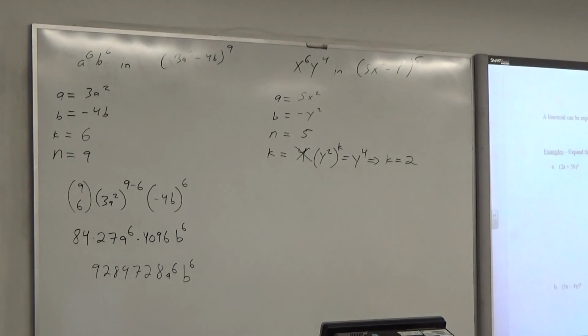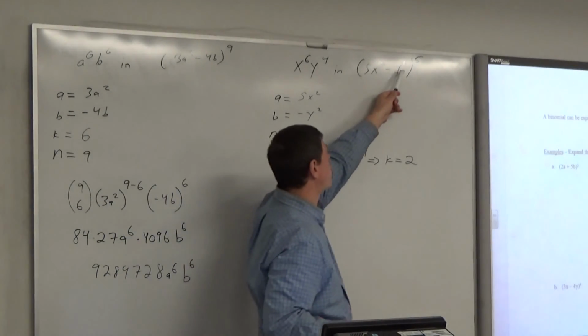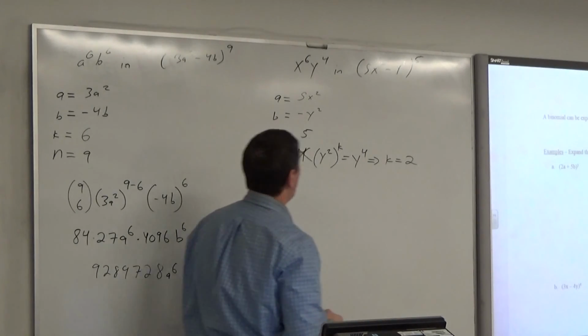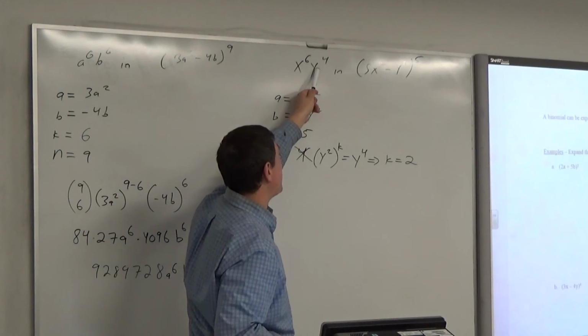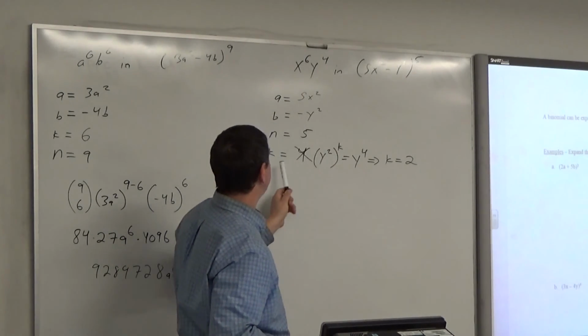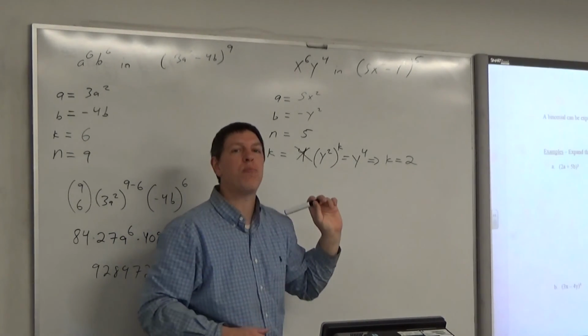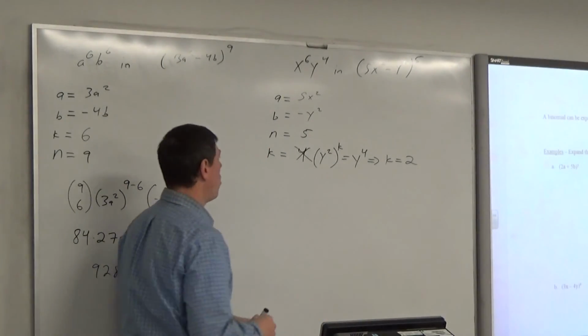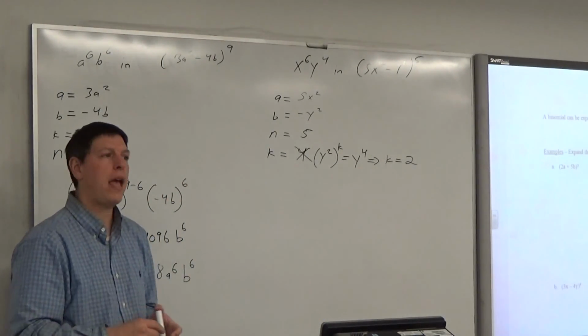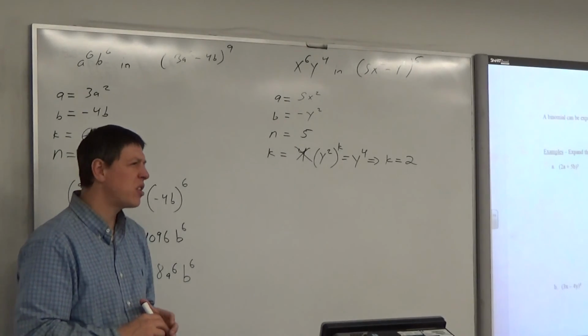Okay? Does that make sense to everybody, guys? It's because this second binomial term is squared. Okay? What if I was looking for, let's say, y to the 8th? What would k be if y was to the 8th power? 4. Okay? Because you would have to square y to the 4th to be able to get to y to the 8th. Does that make sense, guys?